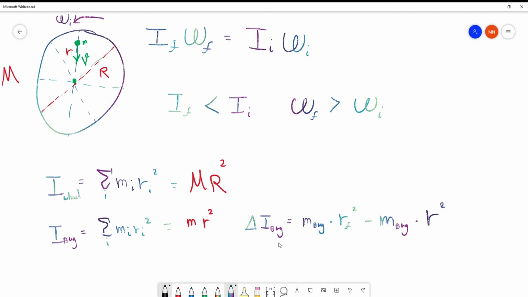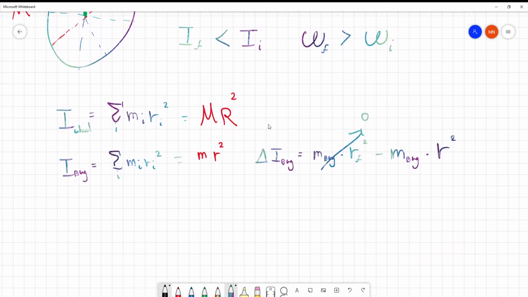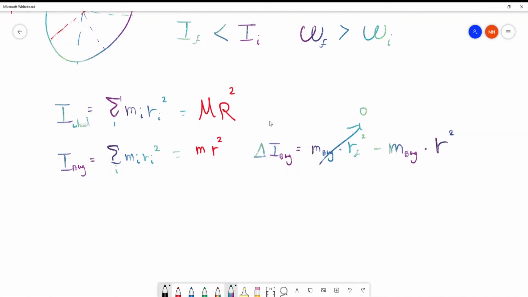So this is the change of moment of inertia of the bug. What is the final radius? The question says the bug is going to the center of the wheel. So obviously the center, the 0 squared, is still going to be 0, so we don't have any moment of inertia contribution from the beetle in the final case.